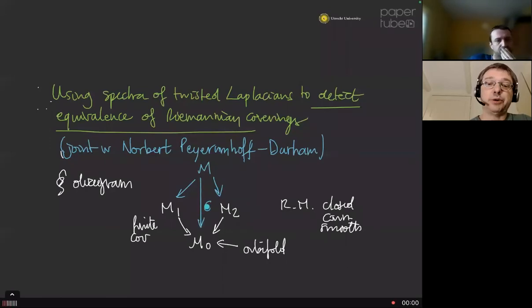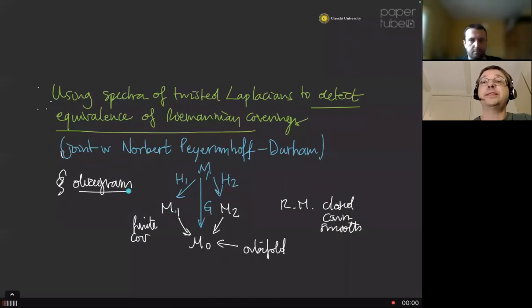Here G is a finite group, and H1 and H2 are subgroups of G. So M1 is the quotient by H1, M2 is the quotient by H2, and M0 is the quotient by G. This is my basic setup for the entire talk. In our paper, or actually it's now turning into a little book, there is a discussion about when this exists and when it doesn't exist, etc. But for now it is certainly an assumption that this situation exists, so that we have such a diagram.